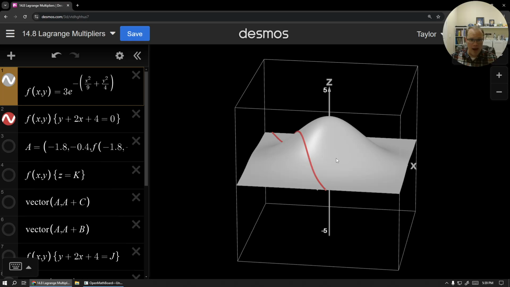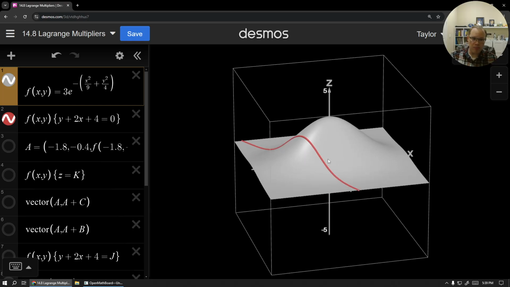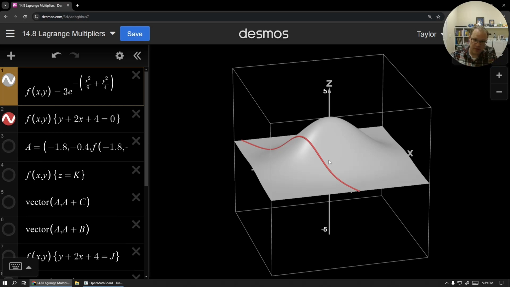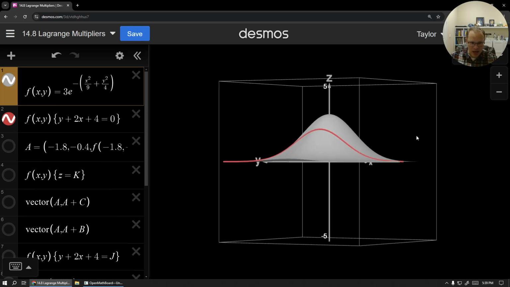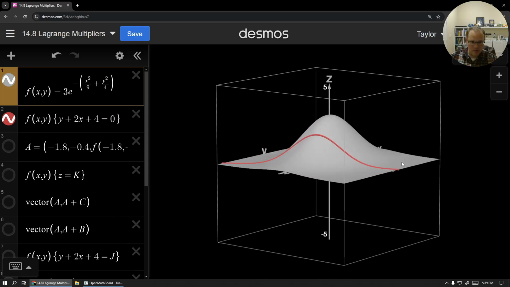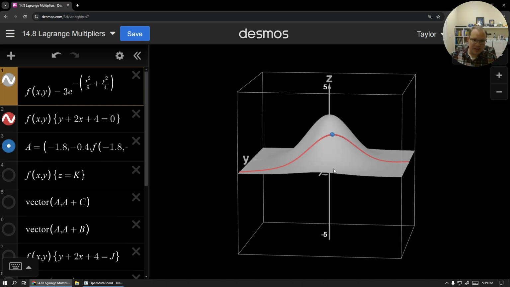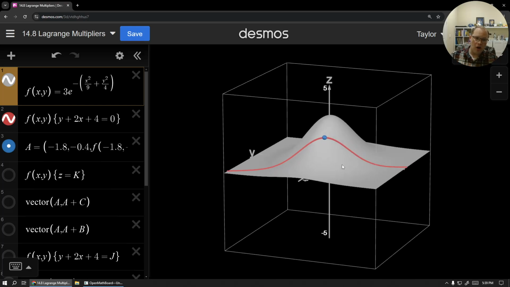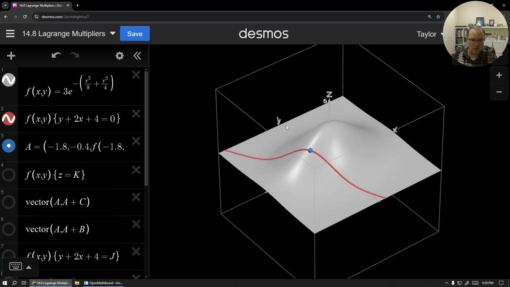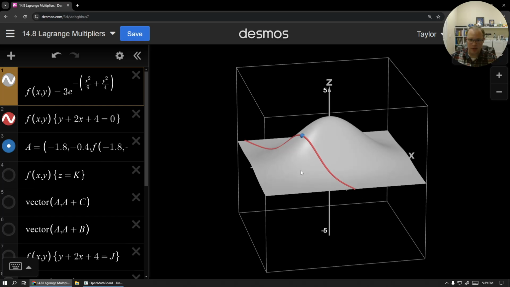We want to maximize the function value, but along this constraint function. We have to stay on this constraint function. Now, just eyeballing it, you can kind of see where the maximum value would be. It'd be right around here. That's where that constraint function gets to be the highest on the surface, where it reaches the highest value.